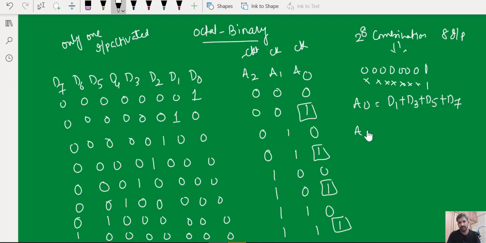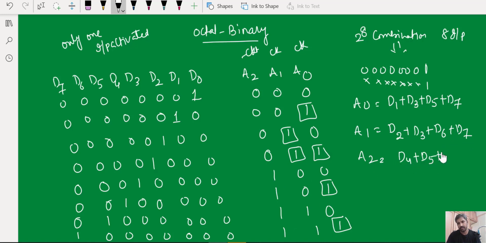Similarly, for A1, it will be D2 plus D3 plus D6 plus D7. For A2, it will be 4 5 6 7, D4, D5, D6 and D7.